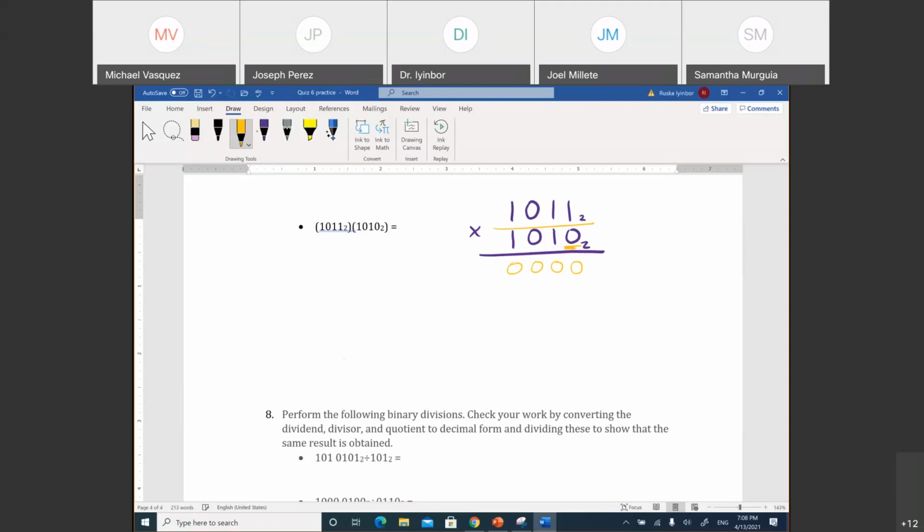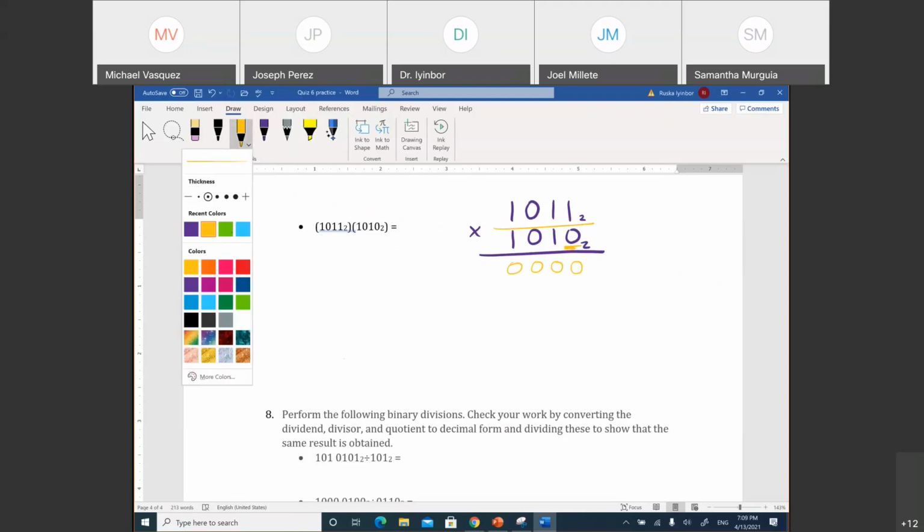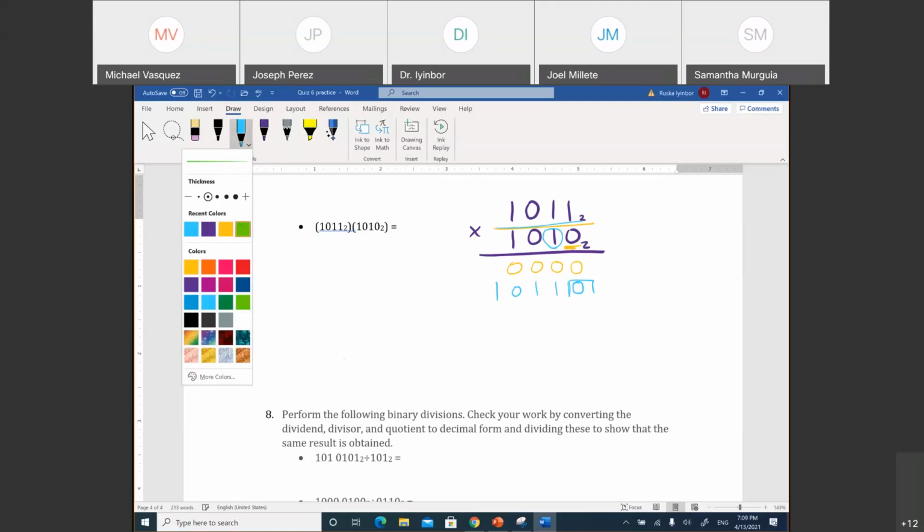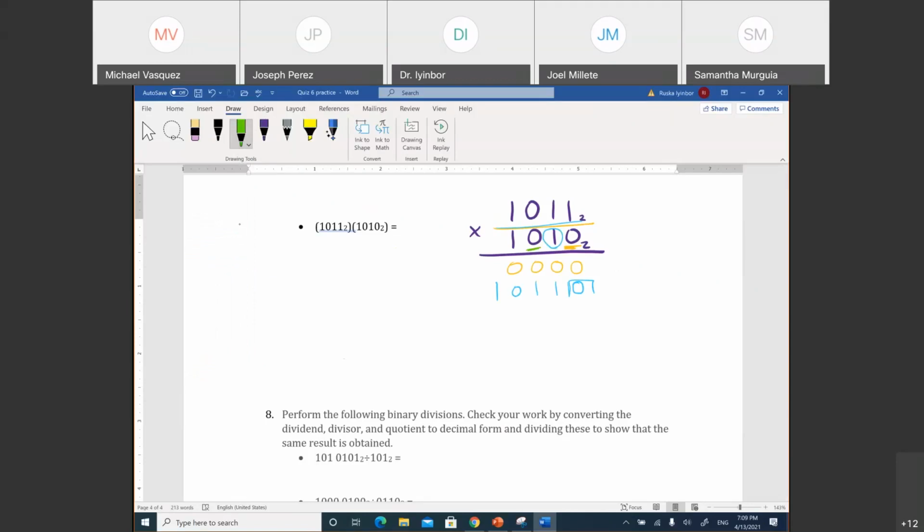And then after that, I'm going to do this one, 1 times everything. But I need to put the 0 to shift it, and then I'm going to copy 1, 1, 0, 1. Okay? Then I'm going to go ahead and do this 0 times everything. But first I need to put the 2 zeros to space it, to move it to the left, and then I need to put 4 zeros. 1, 2, 3, 4.